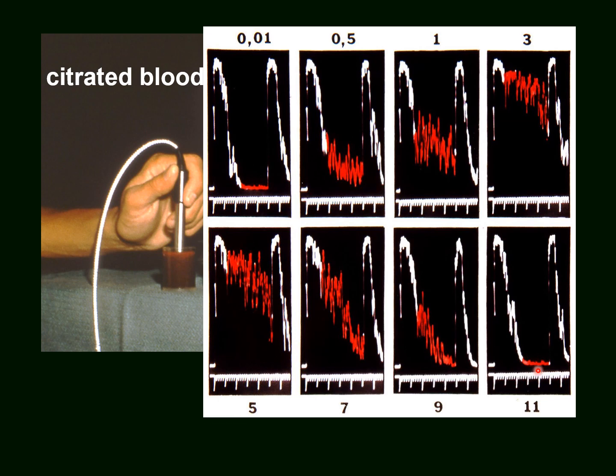How can we get those different cell counts? By centrifuging the citrated blood and then mixing it with corresponding amounts of sodium citrate, which prevents the citrated blood from thrombosing and keeps it fluid.